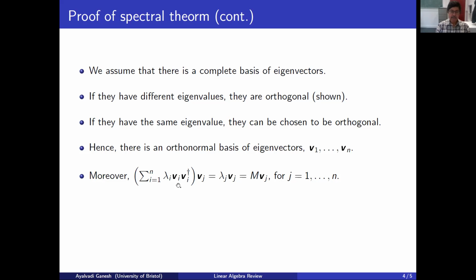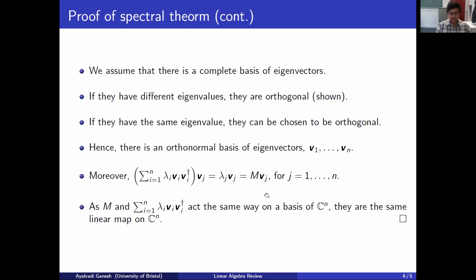So if two linear maps agree on a basis, they agree on every linear combination of elements of that basis. And those linear combinations are all of the vector space. So these two matrices are exactly the same. Okay, so that completes the proof of the spectral theorem.